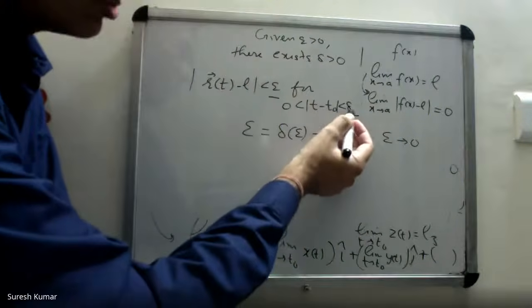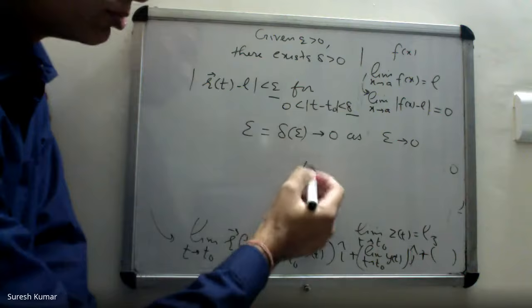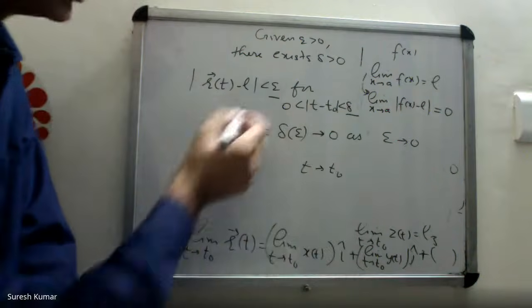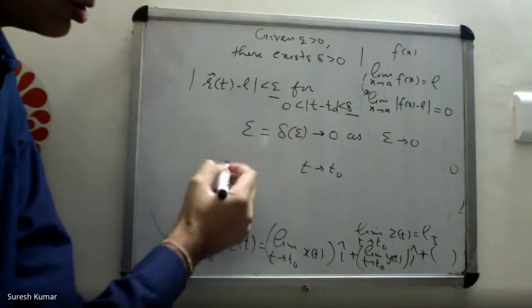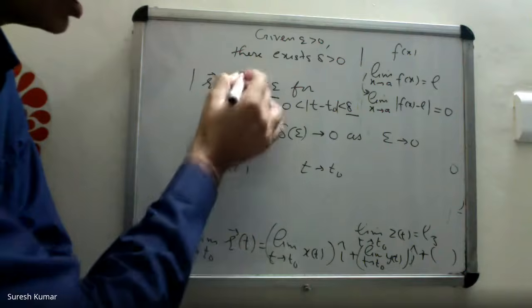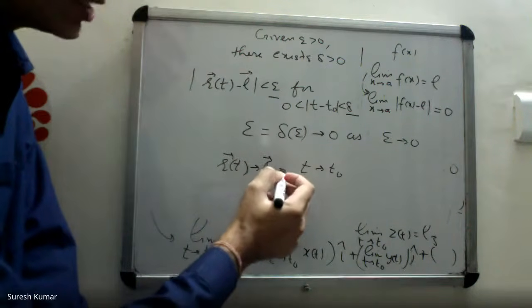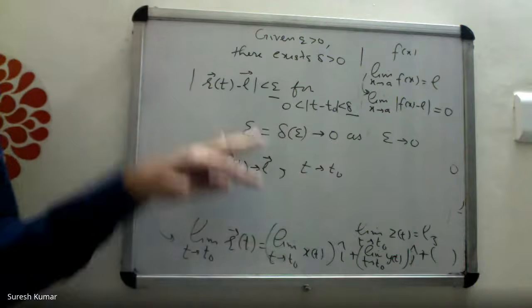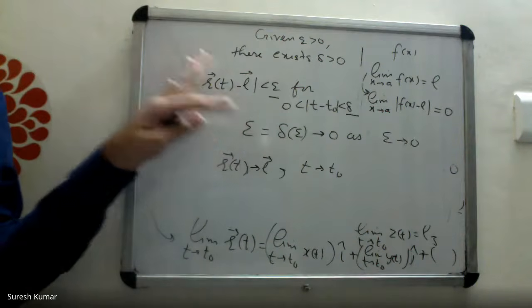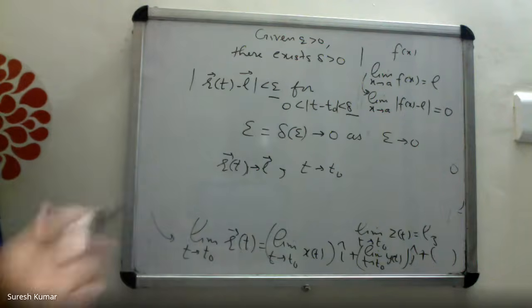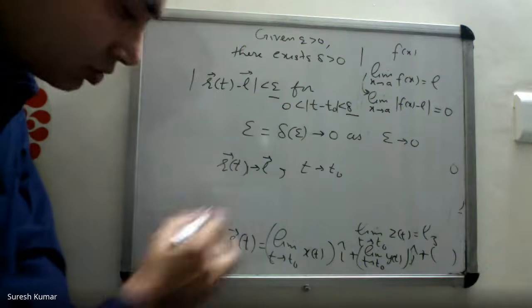But what is the meaning of delta going to 0? t tends to t0. And what is the meaning of epsilon going to 0? r(t) tends to L. So this is the epsilon delta definition. It's given in the textbook, but don't worry about it. For finding limits, you need to use this formula.